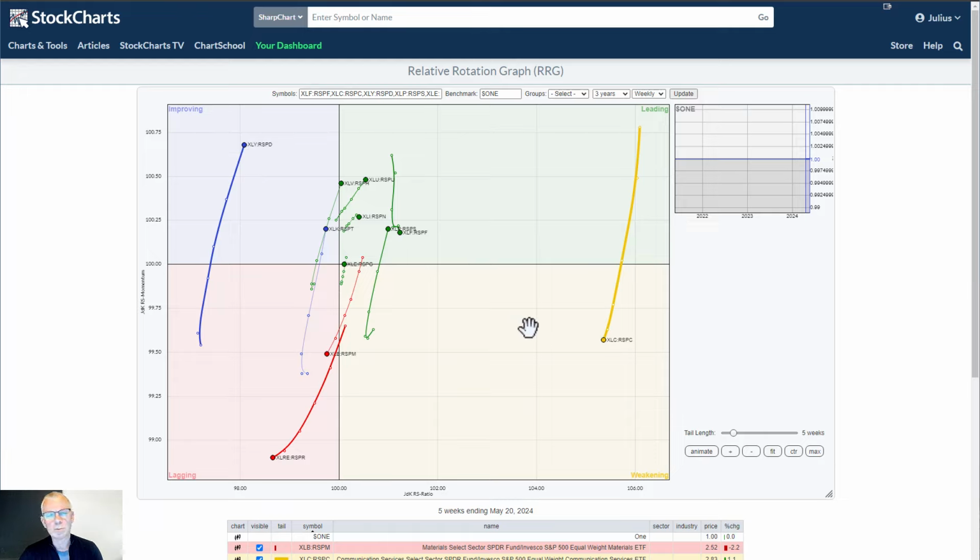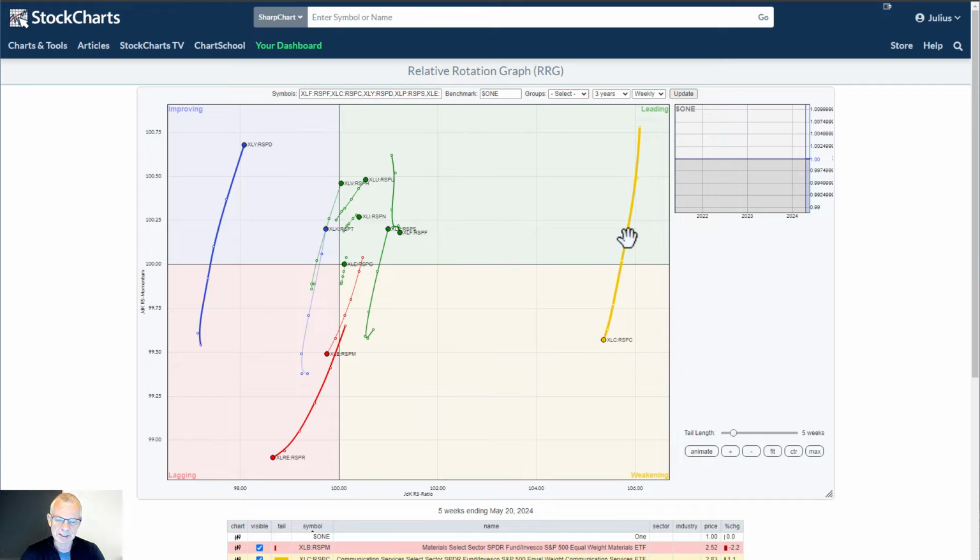If we go to communication services, you can see that XLC is underperforming RSPC, or at least it's rolling over and moving lower at quite a long tail. You can see how strong this relationship has been, how strong XLC has been over RSPC, but that has now ended and it's going the other way, at least temporarily.